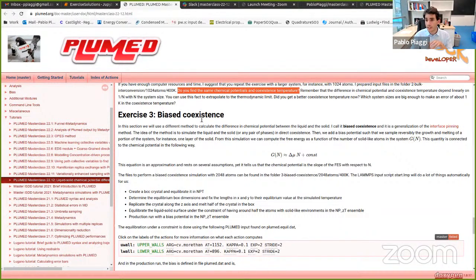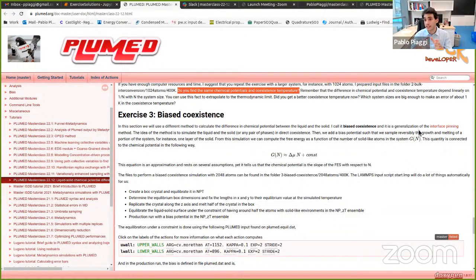So there was, I would say, a relatively well-known method, the interface pinning method, and the idea here is to put a harmonic bias potential such that the number of solid-like and liquid-like atoms fluctuates around a given value.